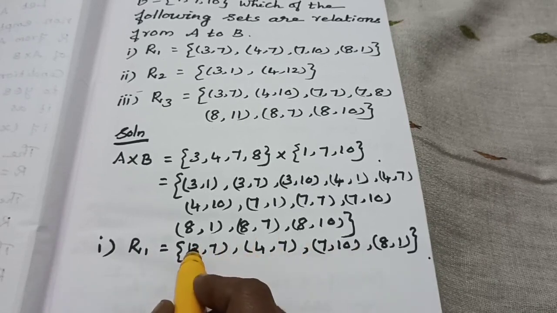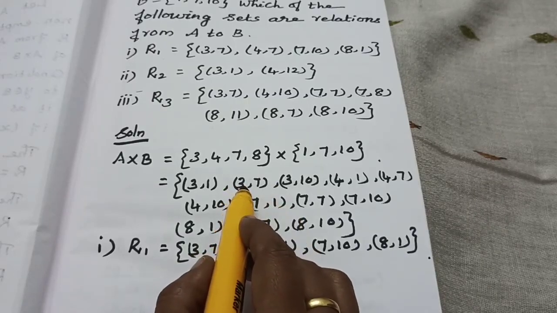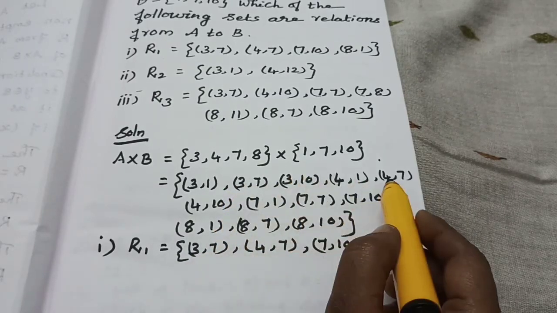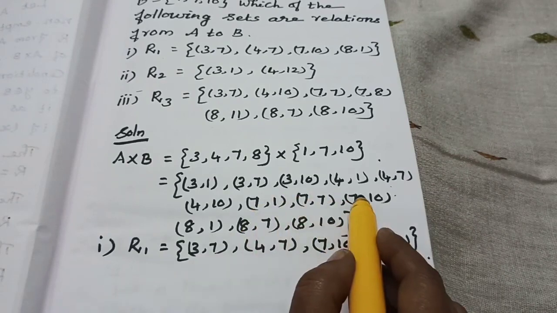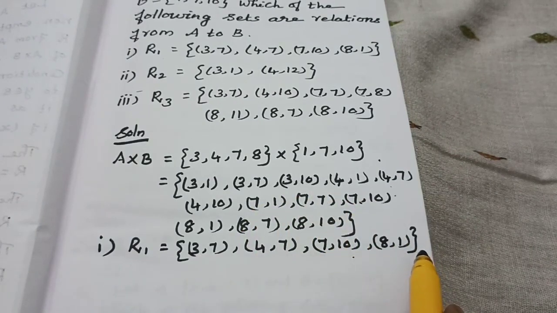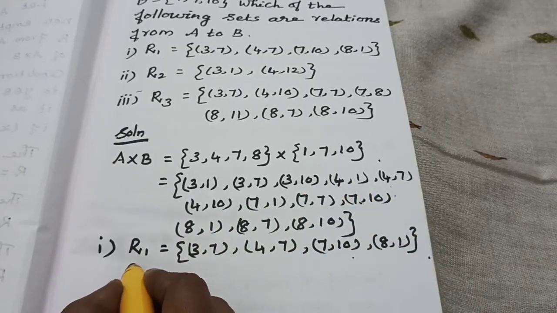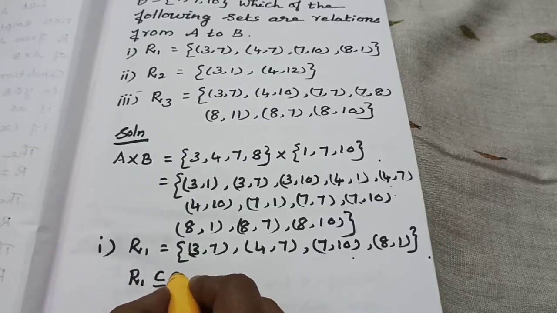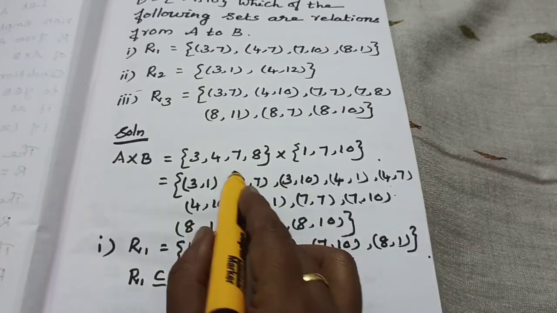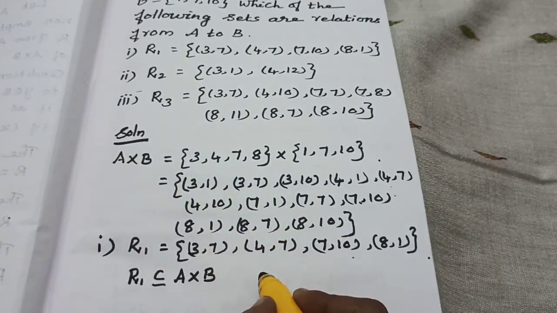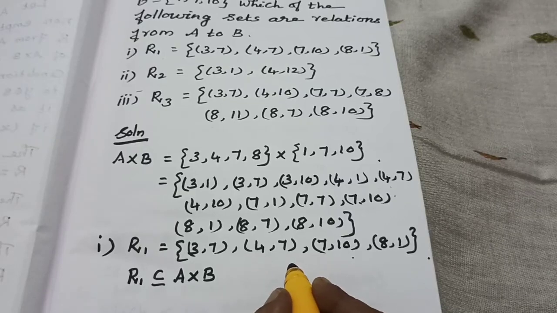This (3, 7) is in A cross B, isn't it? Then (4, 7) also in A cross B, (7, 10) also in A cross B, (8, 1) also in A cross B. So we can write R1 is a subset of A cross B, so it is a relation from A to B.